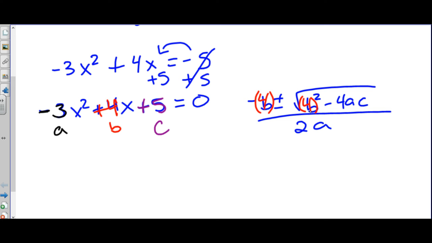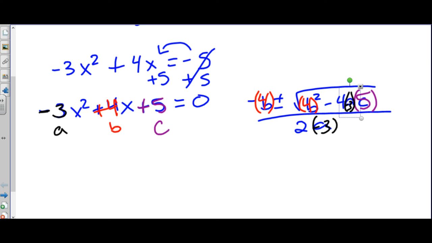It's positive, so I don't have to write the plus sign in. Everywhere I see the letter C, I'd replace it with the number 5. And everywhere I see A, I'd replace it with negative 3.